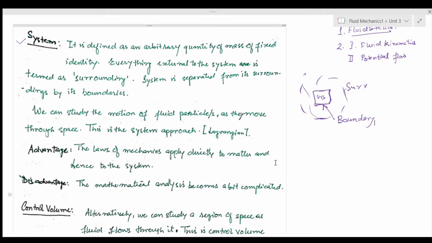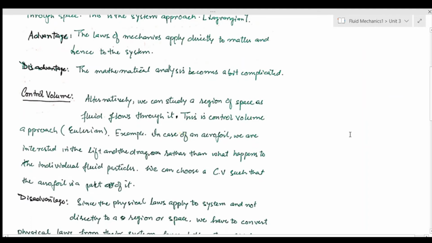The mathematical analysis becomes a bit complicated because you are looking at a collection of particles as they are moving, so it becomes a little bit more involved, although the Lagrangian approach is used. The second approach is the control volume approach.